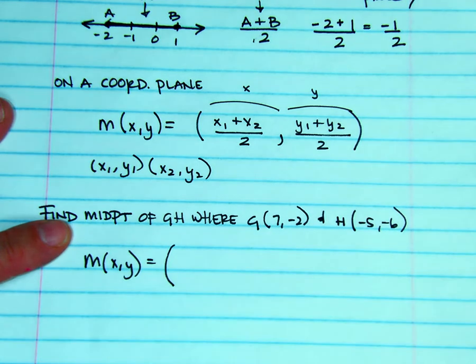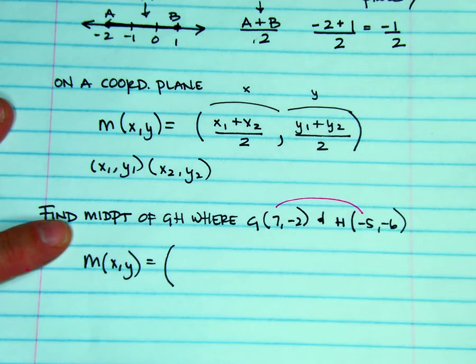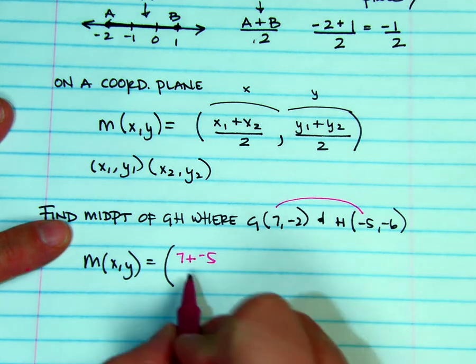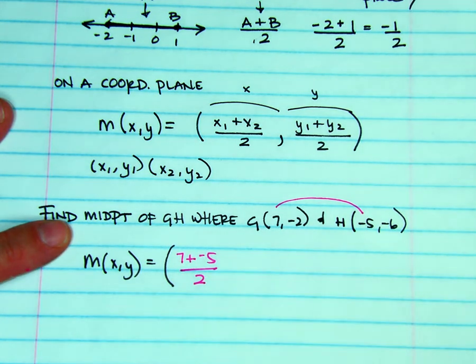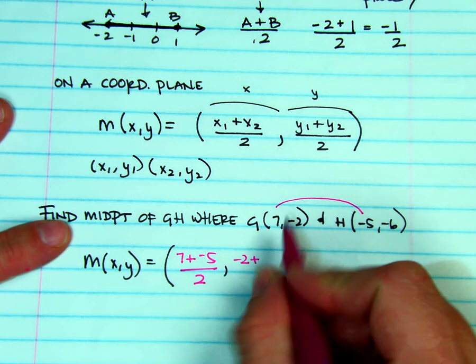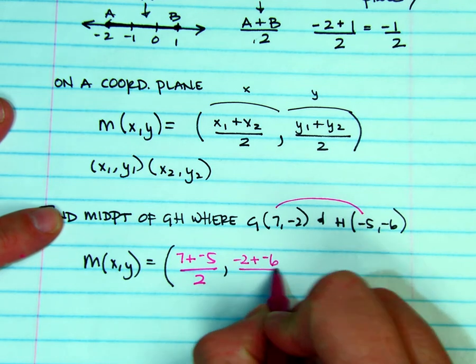I'm going to average my x's, so 7 plus a -5 divided by 2, and I'm going to average my y's: -2 plus, as part of the formula, a -6 divided by 2.